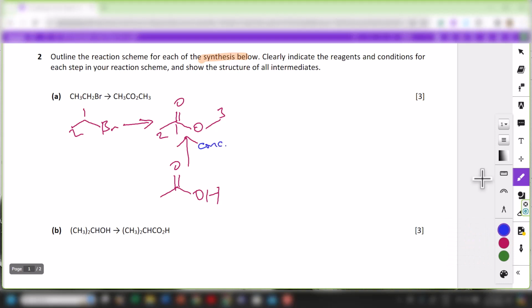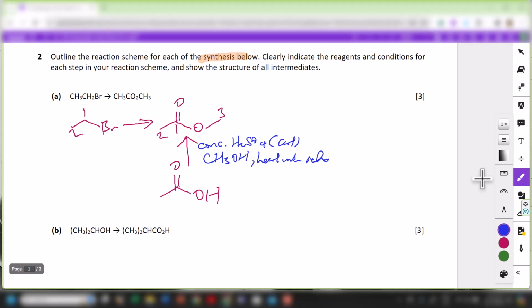Conc. H2SO4, in catalytic amounts, and then CH3OH, that's methanol, and then we're supposed to heat under reflux, in order to ensure that I get the ester in appreciable yield.